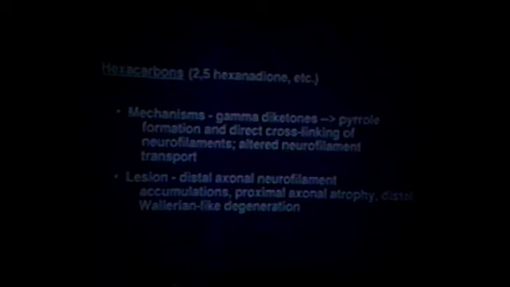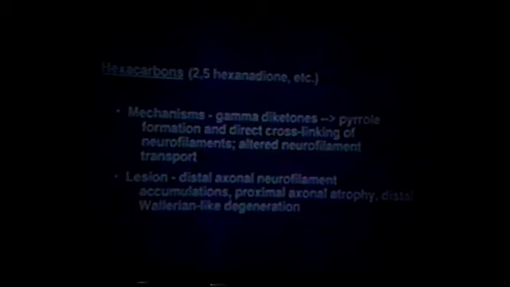Now look at compounds that might affect the axon primarily, or manifest their effects in the axon, and we'll look at a couple that involve the most distal segment of the axon, the furthest away from the cell body. One of these is the hexacarbons, and 2,5-hexanedione is the most prominent of these.